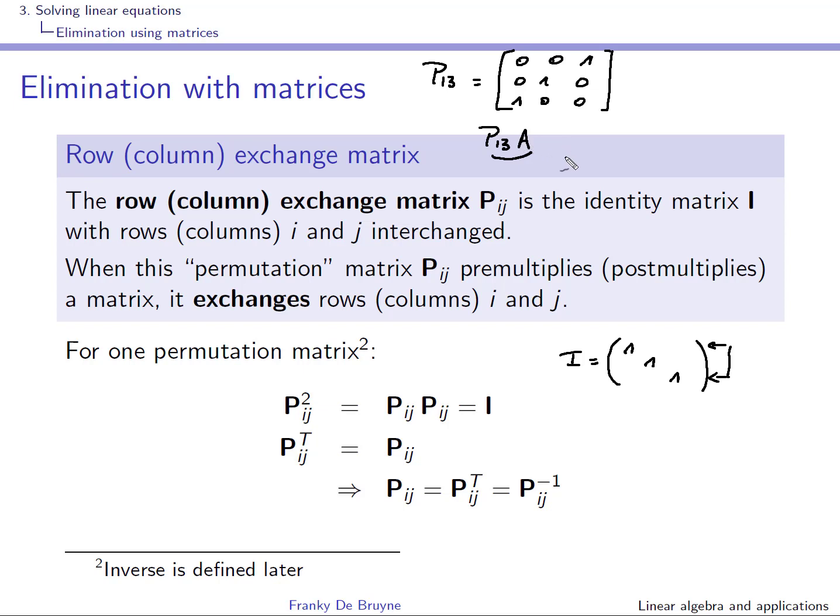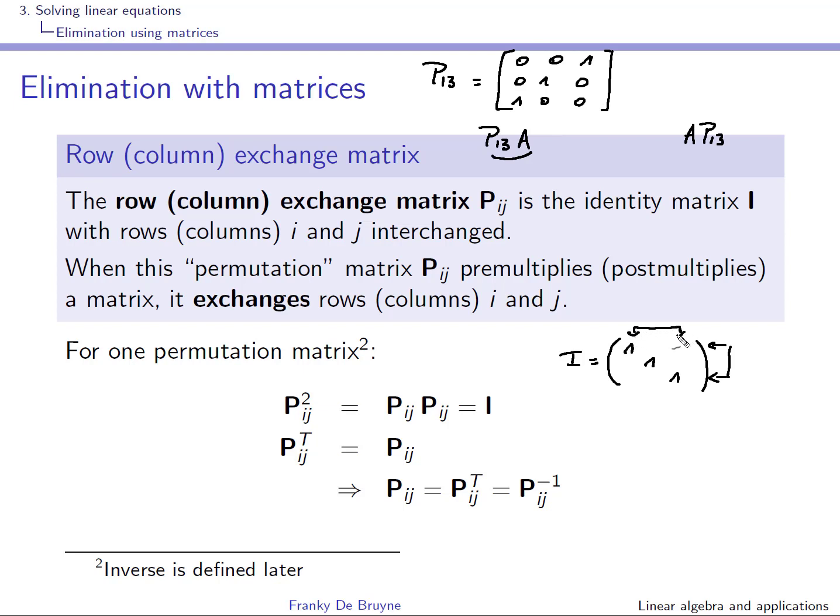Okay, you can do something similar with the columns of A, but then it's post multiplication. So you have to do the following operation: A times P1,3, and see that you can also obtain this matrix here by exchanging the columns.